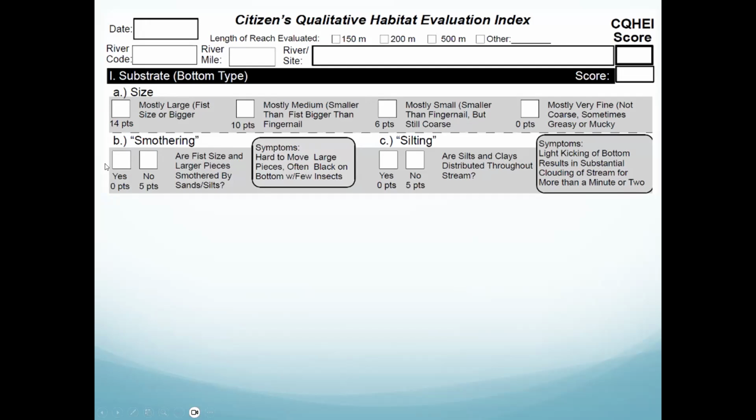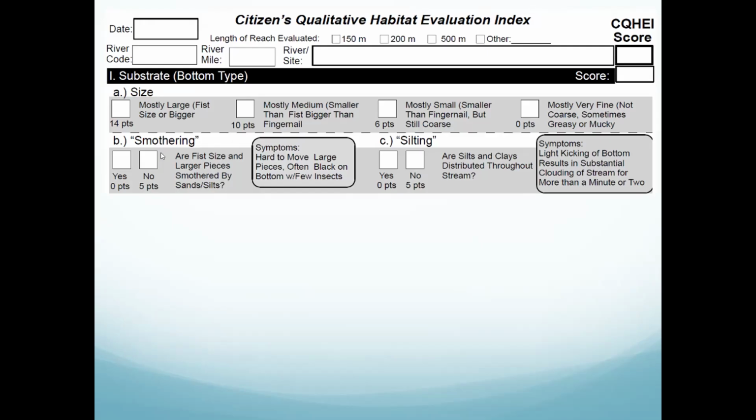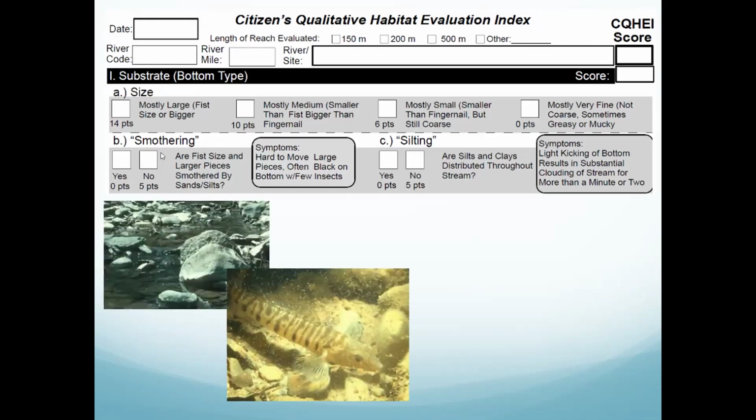Part B here is smothering, and this is when fist size and larger pieces are smothered by sands and silt. So you may not even know that there's large substrates in the stream until you probe down a little bit into the sediment. And so this is important because it limits the habitat that different biota can use.